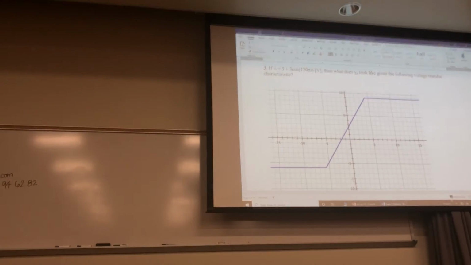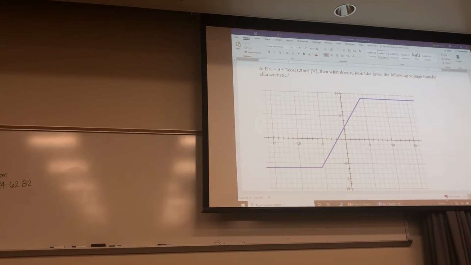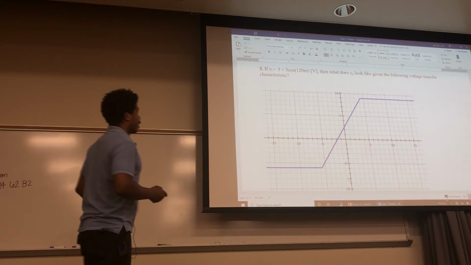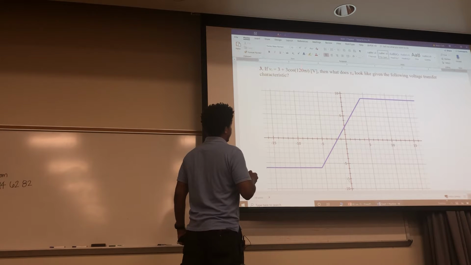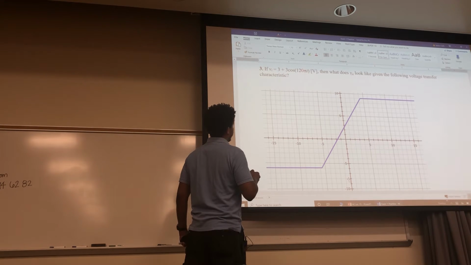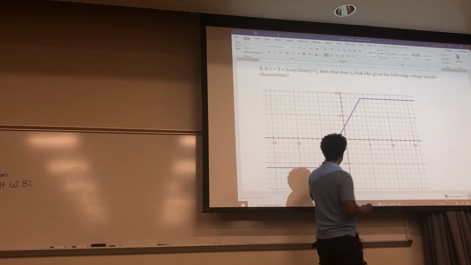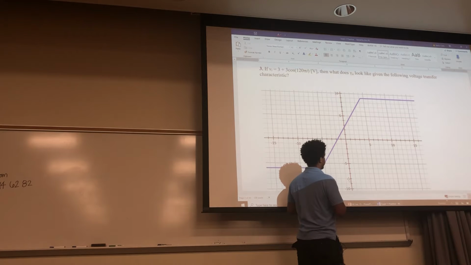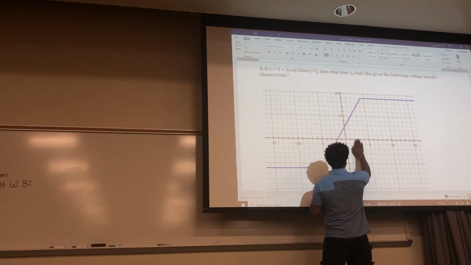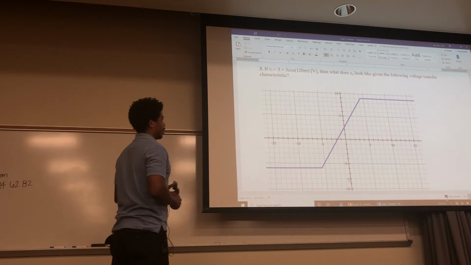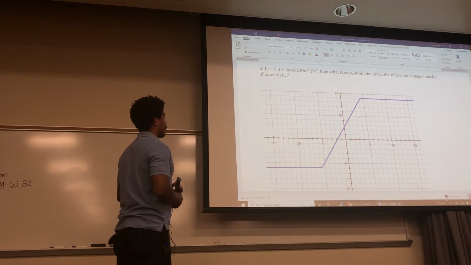You have a signal coming in that has a DC offset and has this type of amplitude, so a sinusoidal signal coming in at this frequency. Now we know that the output is going to be at this frequency, but it may have a phase shift, right? For the input, if you want to use this plot, one convenient way is to look at the input coming in this direction and the output coming over in that direction. That helps you determine if there's going to be any type of cutoff.